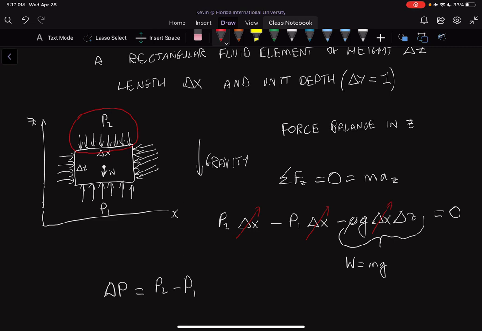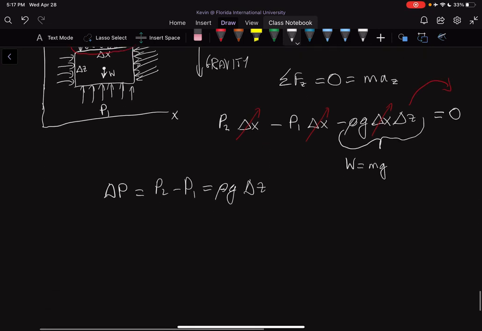So we have p2 minus p1, and we bring the rho gz to the other side. And we have that p2 minus p1 is equal to rho times g times delta z. Okay? And remember that the rho is the density, not the pressure, it's density. And so we have that as our equation.